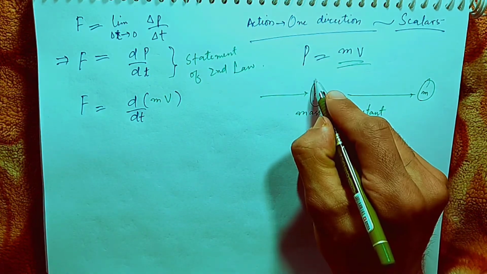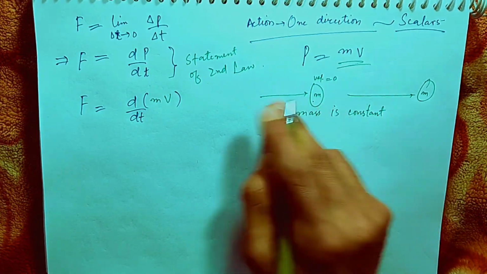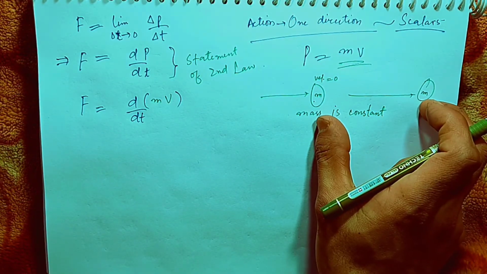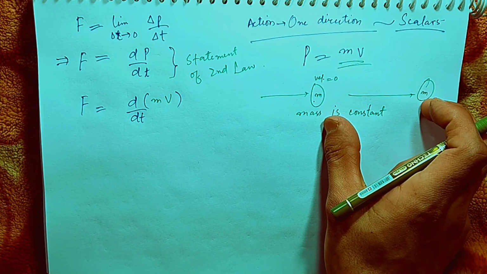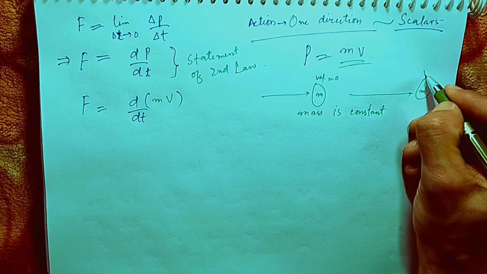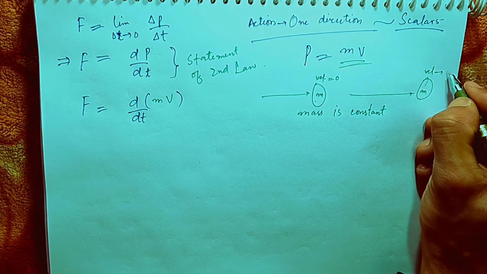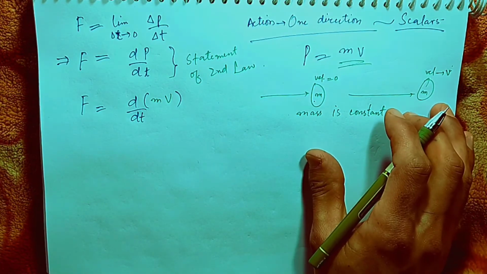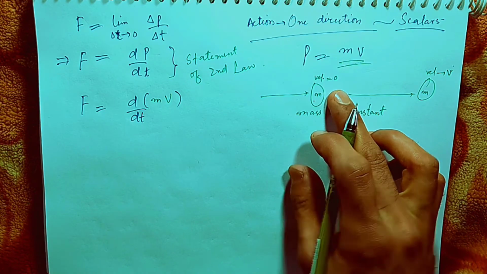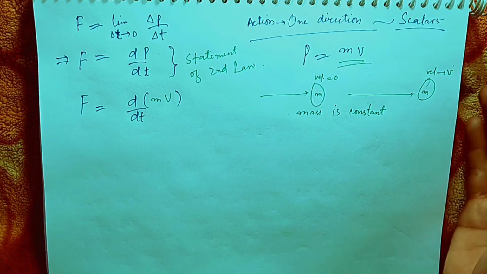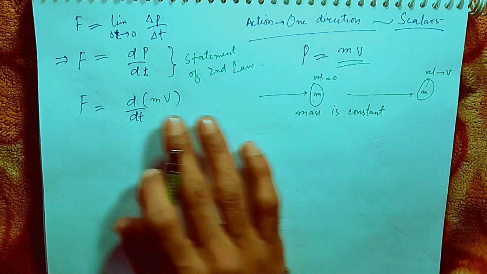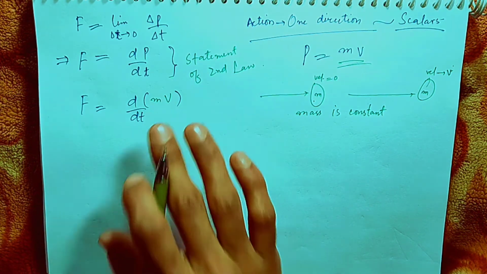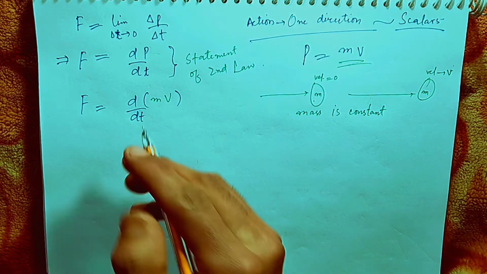For example, here the velocity is 0 and the momentum changes from this position to this position, giving a change in momentum. Say the velocity changes from 0 meters per second to v meters per second, say 10 meters, 20 meters, whatever that is. So the only changing term here is the velocity.